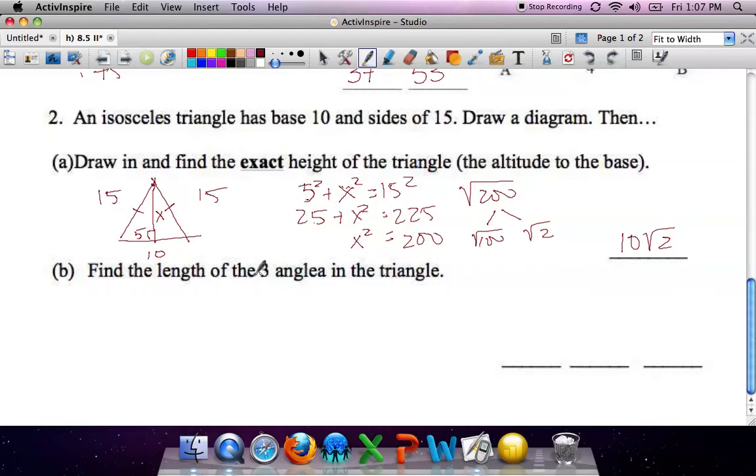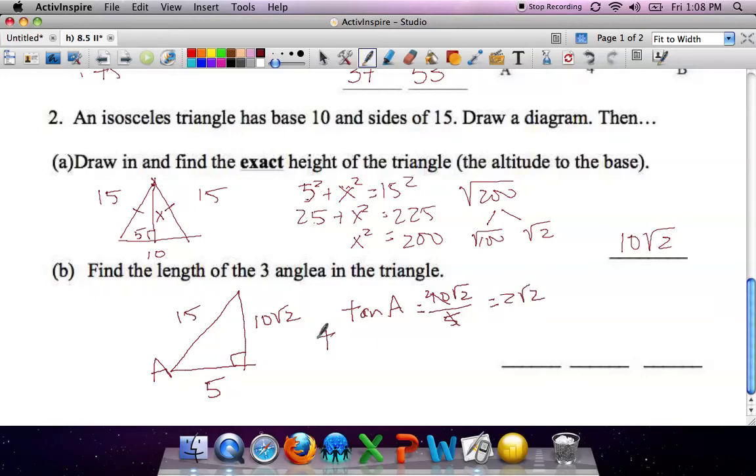Find the measure of the 3 angles in the triangle. So this is what we want to find, angle A, and we know that this side here is 5, we know this is 15, and we know this is 10 root 2. So we want to find angle A using tan. So the tan of A is equal to 10 root 2 over 5, which equals 2 root 2.